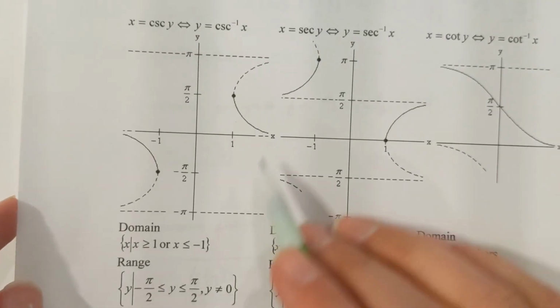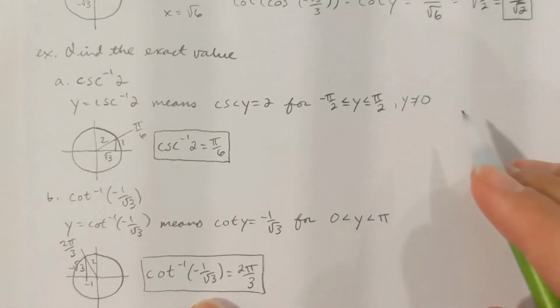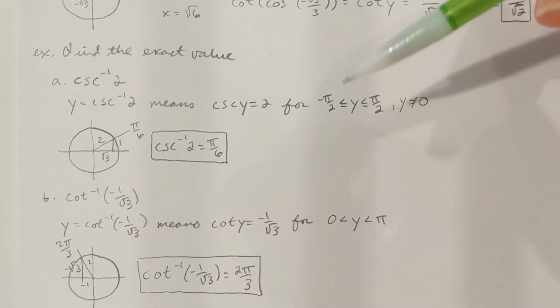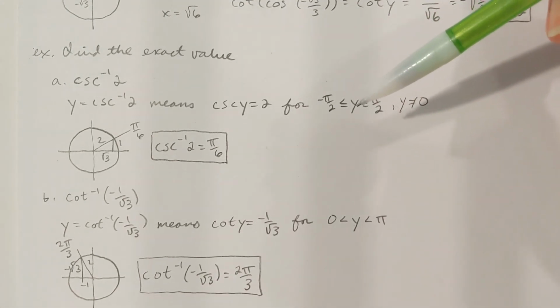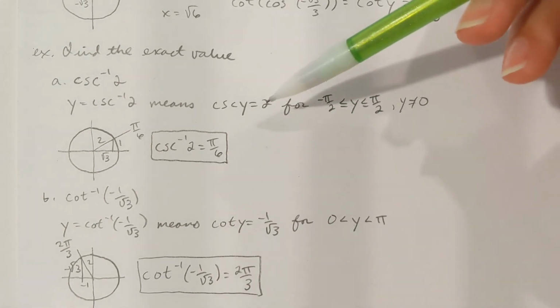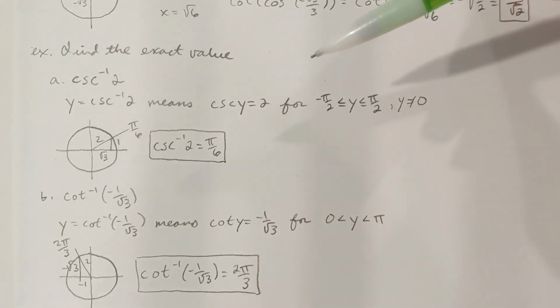Okay, and so I've got that stated here. Now, we're not going to have to worry about y being 0 in this problem, but I'm going to be drawing this triangle in quadrant 1 or quadrant 4. It's going to be in quadrant 1 since 2 over 1 is positive, and both of those numbers.